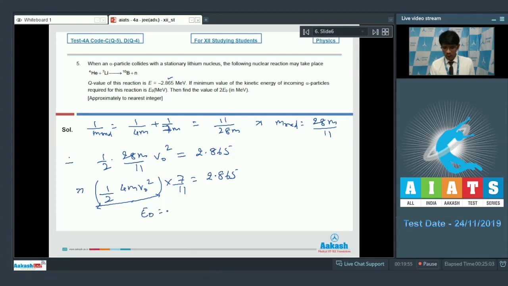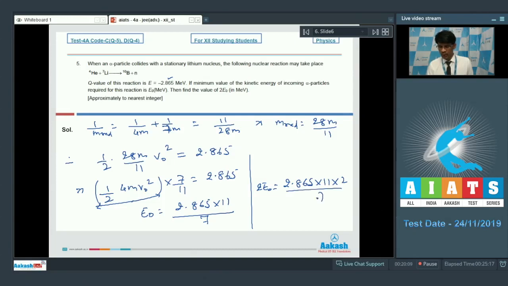So I would say E naught must be equal to 2.865 into 11 divided by 7, or 2 E naught will be how much? It is 2.865 into 11 into 2 divided by 7. On calculation, we shall be getting this value to be somewhere around 9 mega electron volt. So clearly I would say for question number 5, I'm having this answer as 9.